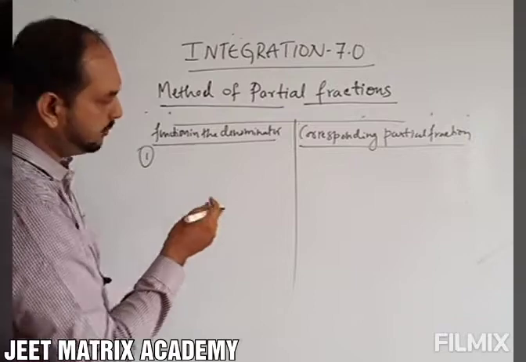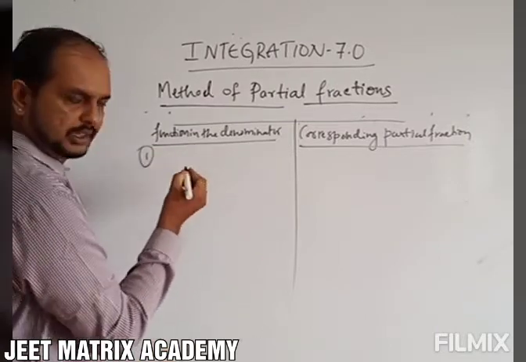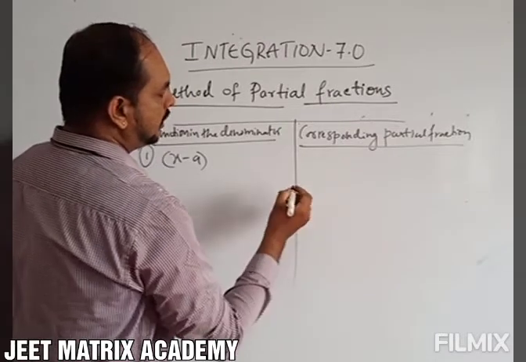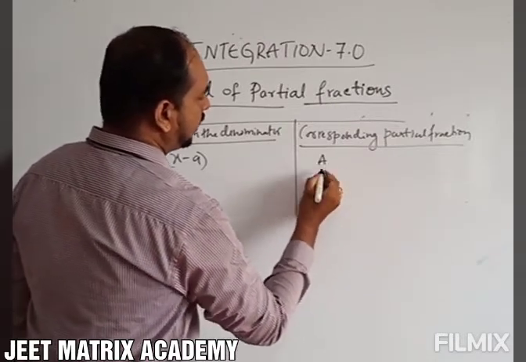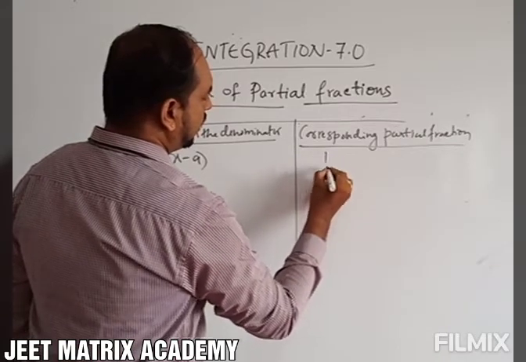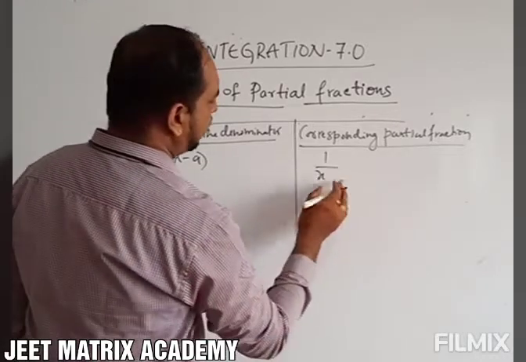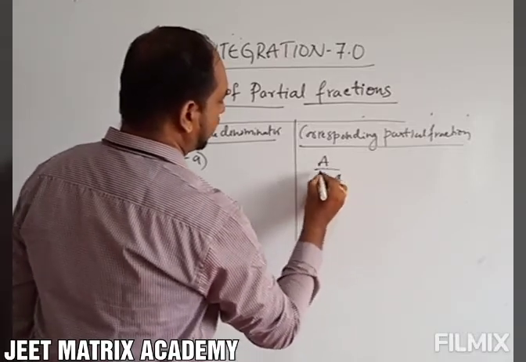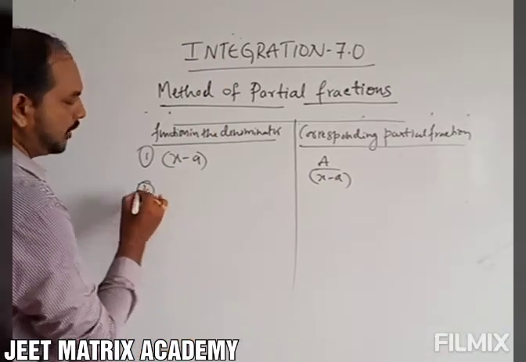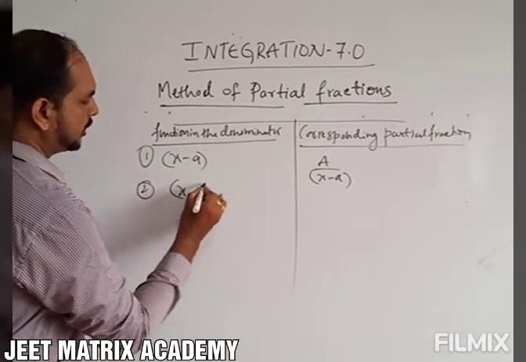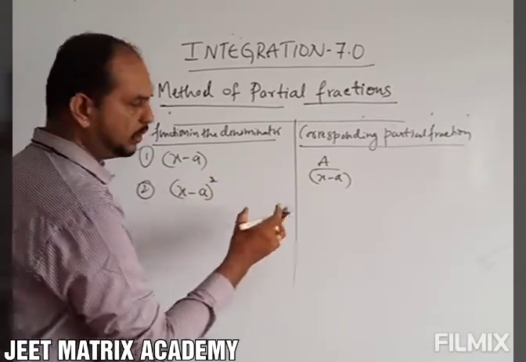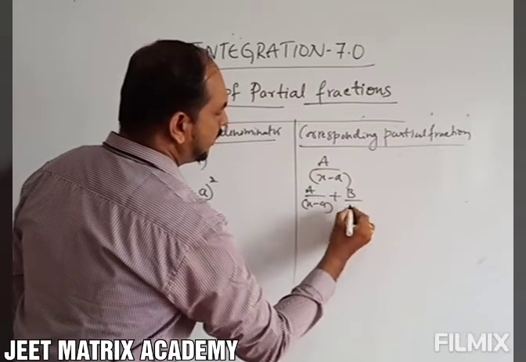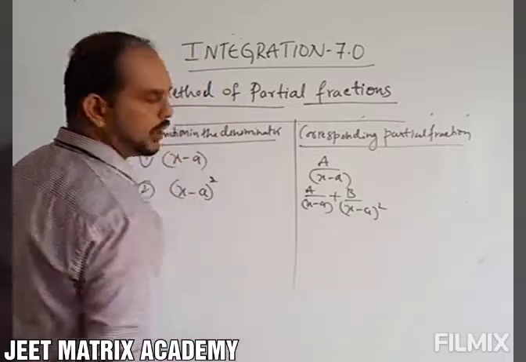The first format is if the denominator polynomial is in the format x minus a, you are supposed to write it as A by x minus a. If it is x minus a whole square, then the corresponding partial fraction will be A divided by x minus a plus B divided by x minus a whole square.